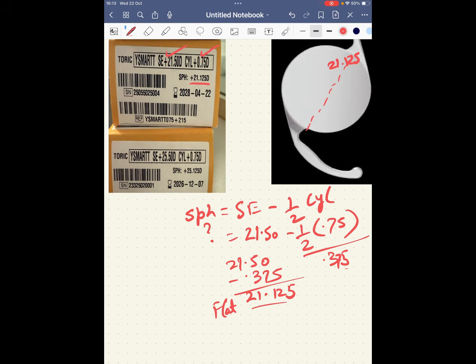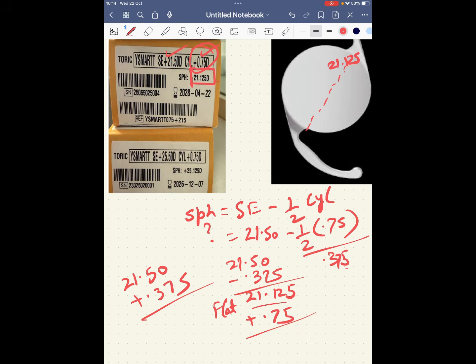And you can see this is what is actually also mentioned in the box of this lens. Not many manufacturers mention this spherical power, but that is what is mentioned here, and this goes into the flat axis of the lens. Now, how do you find out the steep meridian power? You can either add the cylinder value over here. The cylinder is 0.75. So just add 0.75 diopter of cylinder. Or if you want to add on the spherical equivalent, then 21.50 plus half of the cylinder, 0.375.